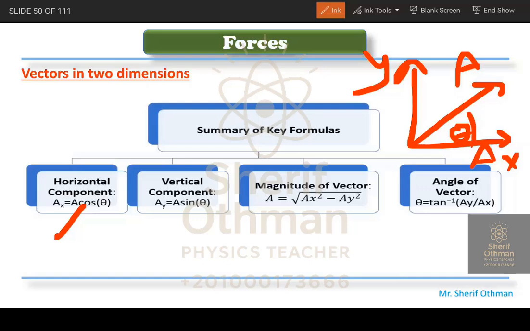And if we would like to find the component of A in the Y direction, Ay will equal A sine theta.